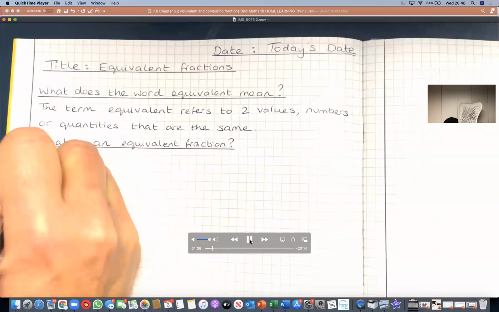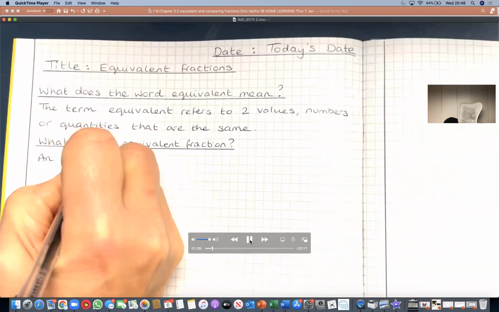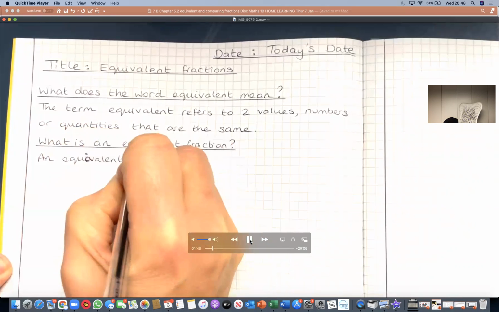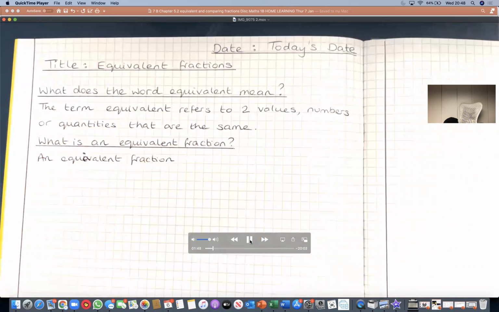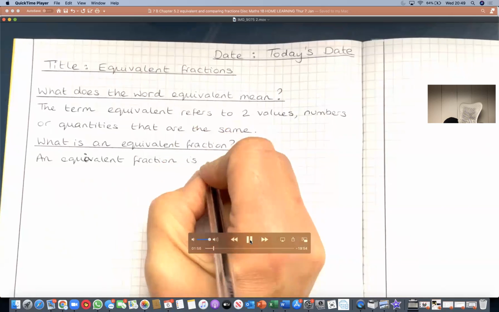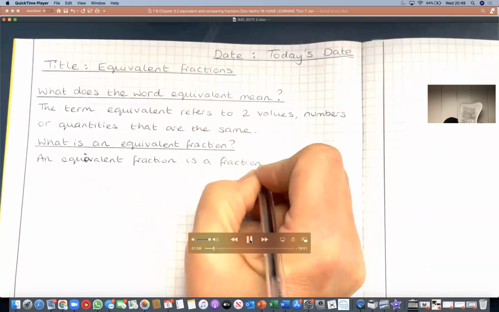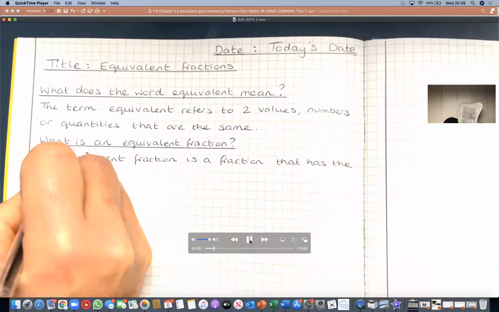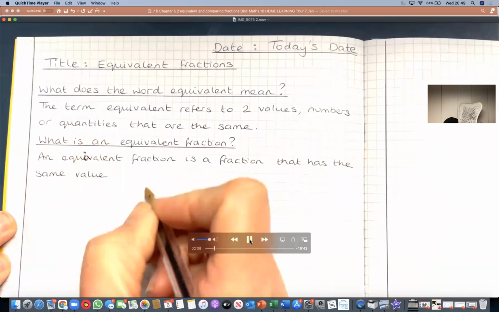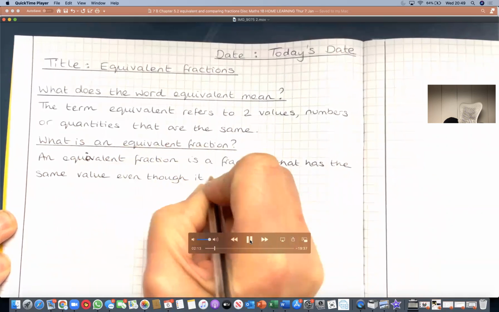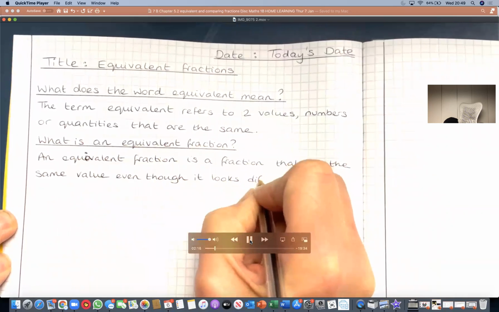Okay, so an equivalent fraction is a fraction that has the same value even though it looks different.